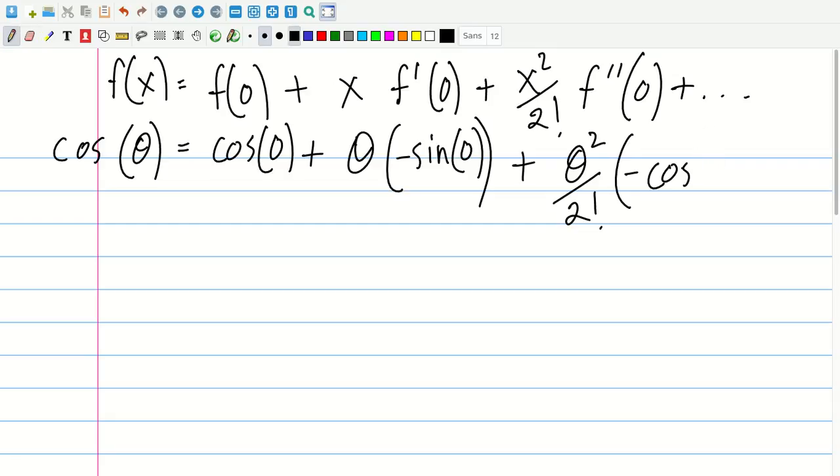The double derivative of cosine of theta is negative cosine, and so if I plug in 0, I get this.